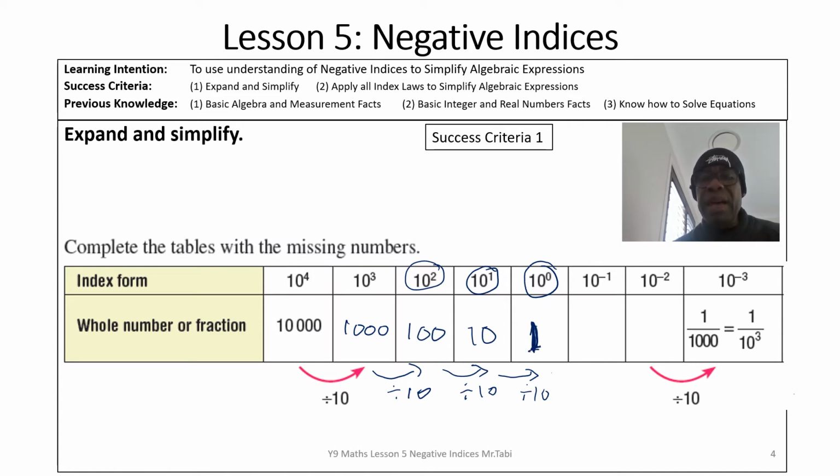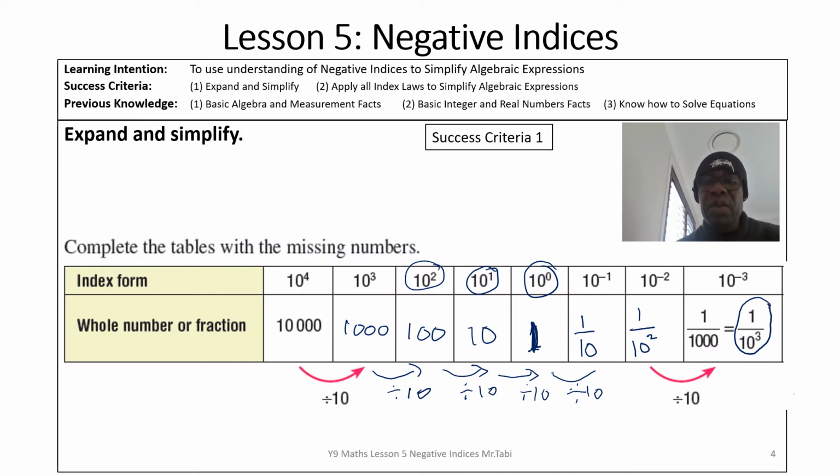And that 1 divided by 10 would give us 1/10. And 1/10 divided by 10 will give us 1/10 squared, which is 1/100. And 1/100 divided by 10, that gives us 1/1000, which is 1/10 to the power of 3.